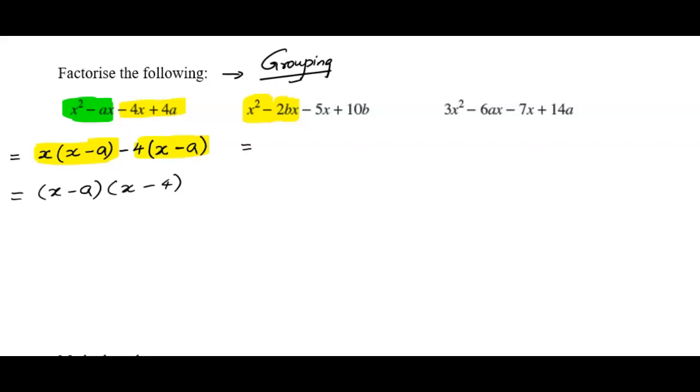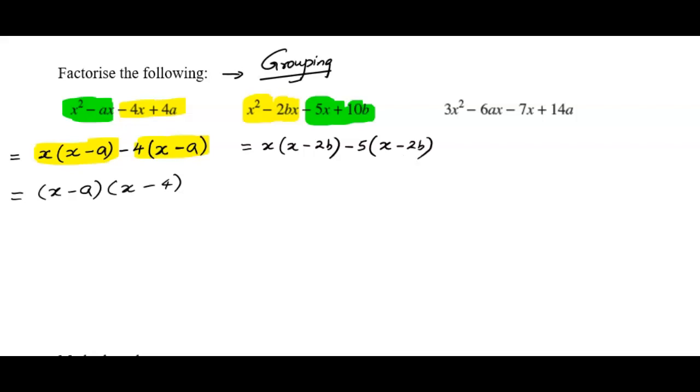Right, so let's factorize the first two terms, the common factor being x. So if I take out the x, I'm going to be left with x minus 2b. And now if I look at my second pair, which is minus 5x plus 10b, if I take out a minus 5 there, not a positive 5, I'm taking out a minus 5, I can have a similar bracket. So that's going to leave us with x minus 2b.